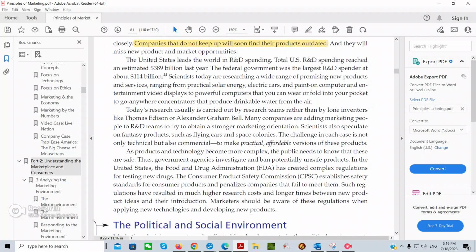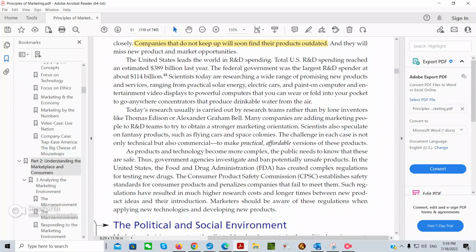The United States leads the world in R&D spending. The total U.S. R&D spending reached an estimated $389 billion last year. The federal government was the largest R&D spender at about $114 billion.